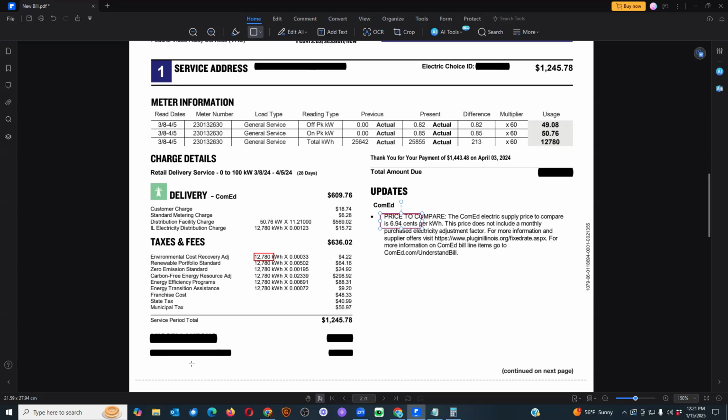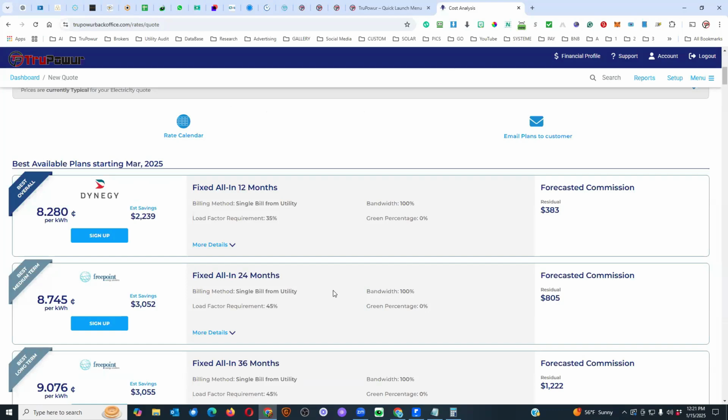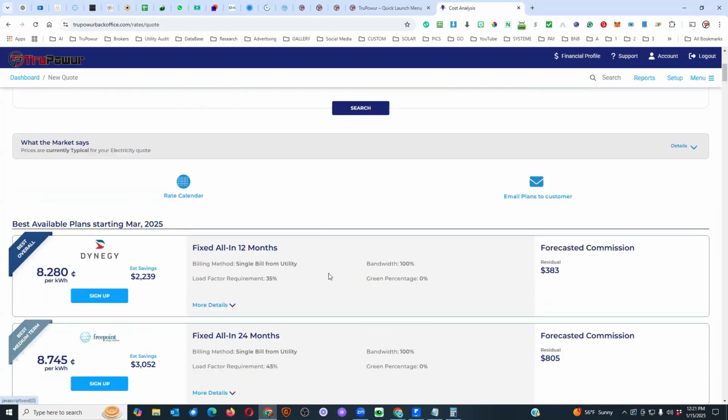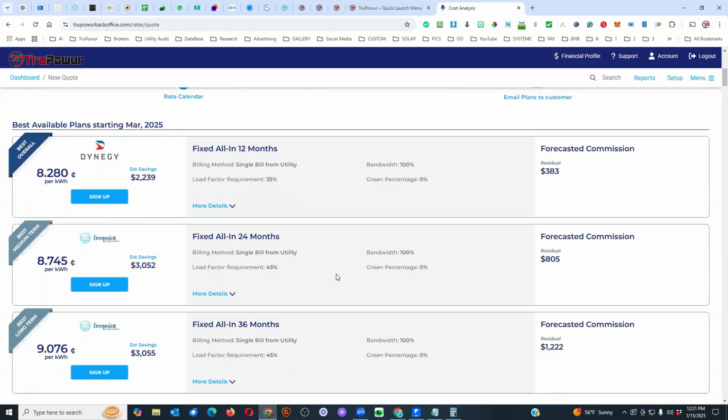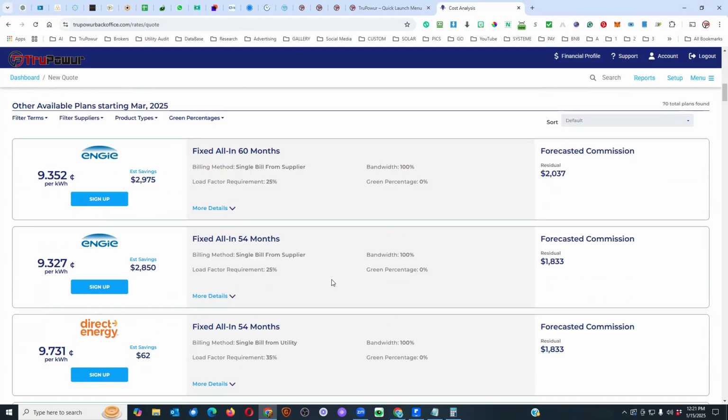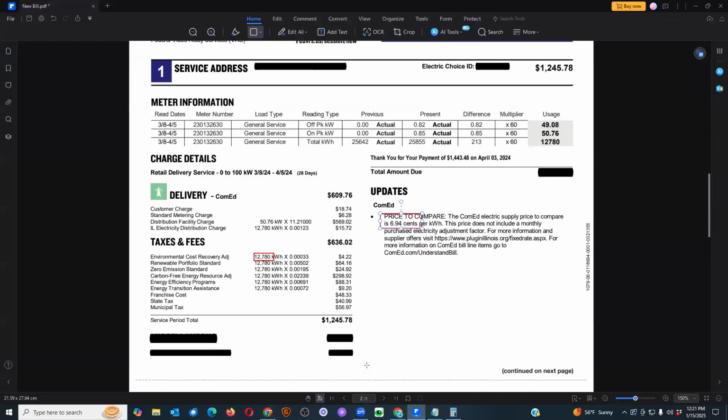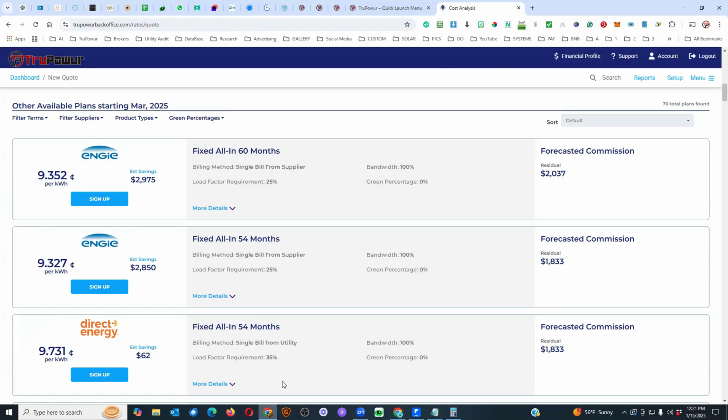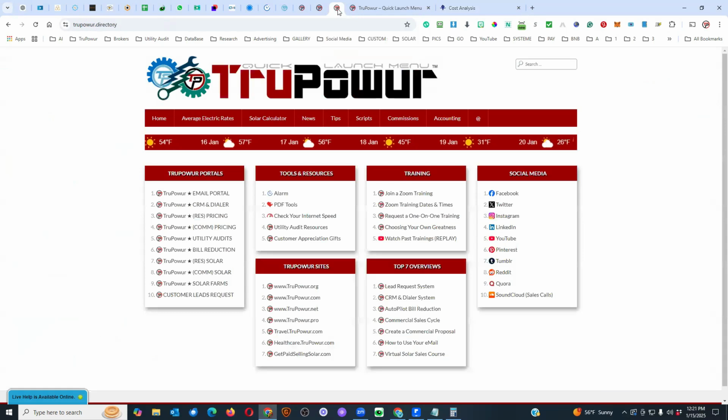So when we talk to a customer, we want to make sure that if we're going to be displaying fixed all-in rates, and to be able to compare that apples to apples, oranges to oranges, you really need to be able to take this bill and calculate that. And you can find that calculation within the quick launch menu.